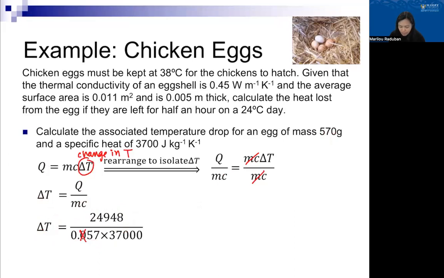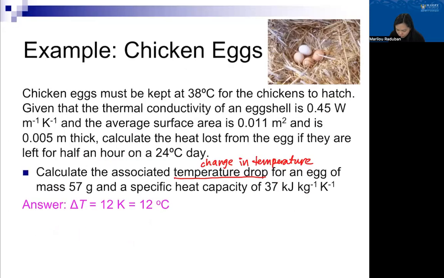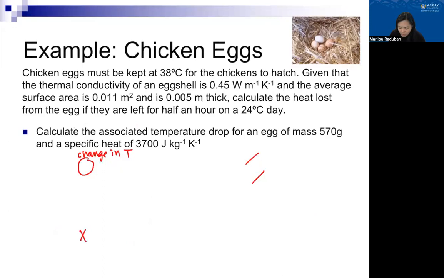Times the specific heat, 37. 37 kilojoules means, the prefix kilo is 10 to the 3, so 37 kilojoules becomes 37,000.